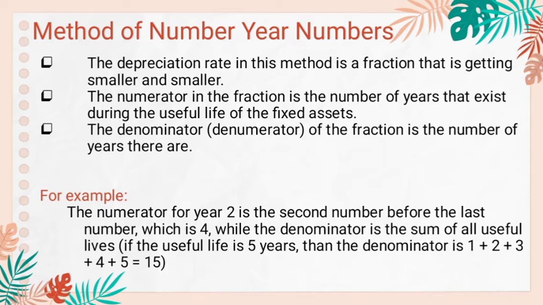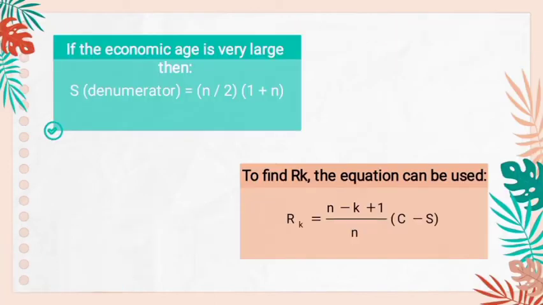If the useful life is 5 years, then the denominator is 1 plus 2 plus 3 plus 4 plus 5. Then we get 15 for the denominator. So this is the formula.